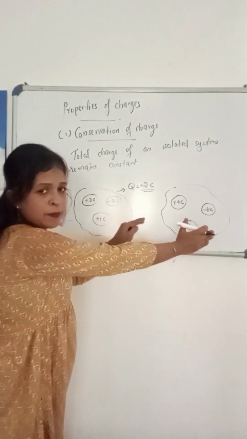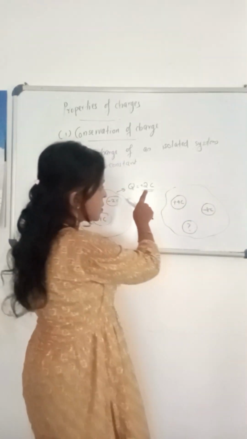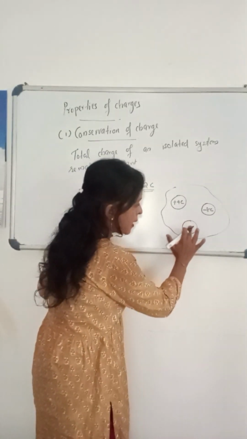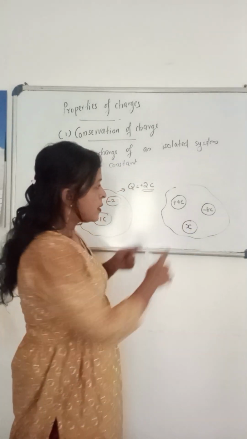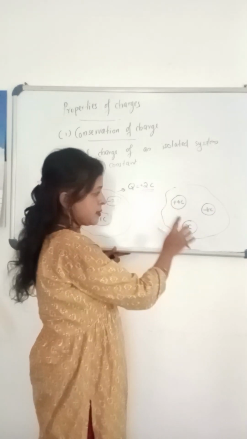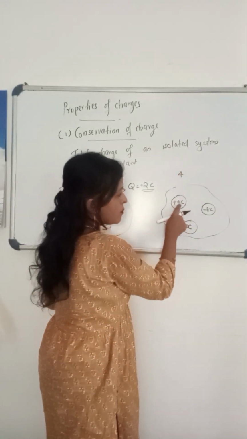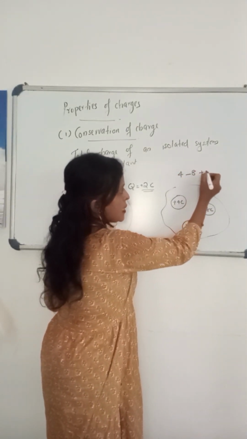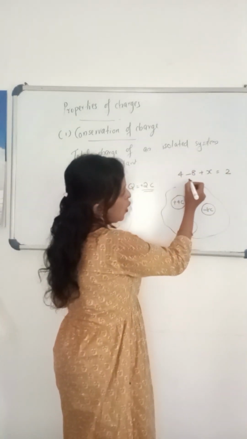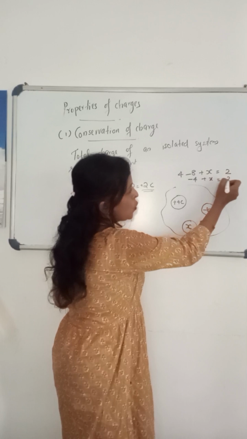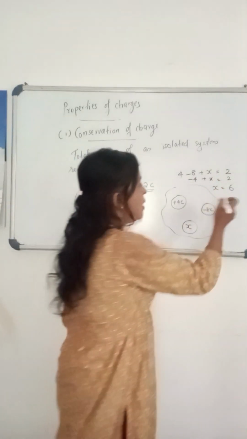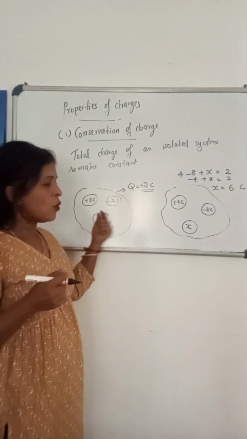This is the same system, so the total charge remains constant. That means 2 is the total charge. Suppose we take the unknown as x. Then 4 minus 8 plus x equals 2. So minus 4 plus x is equal to 2, and the unknown charge is 6. Actually, we can't tell the unit as coulomb.